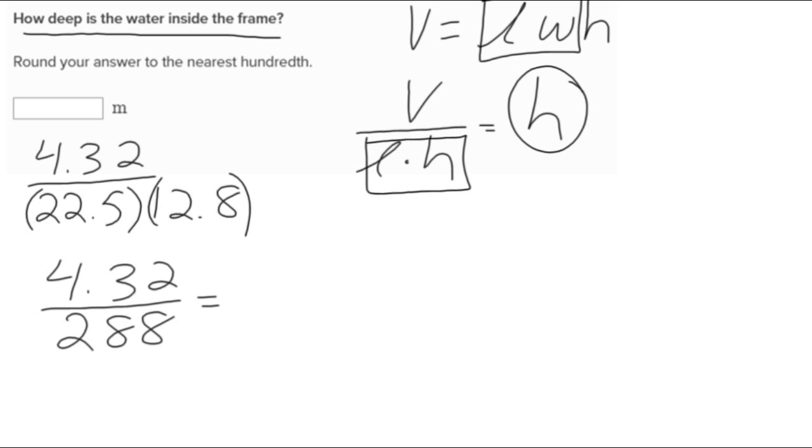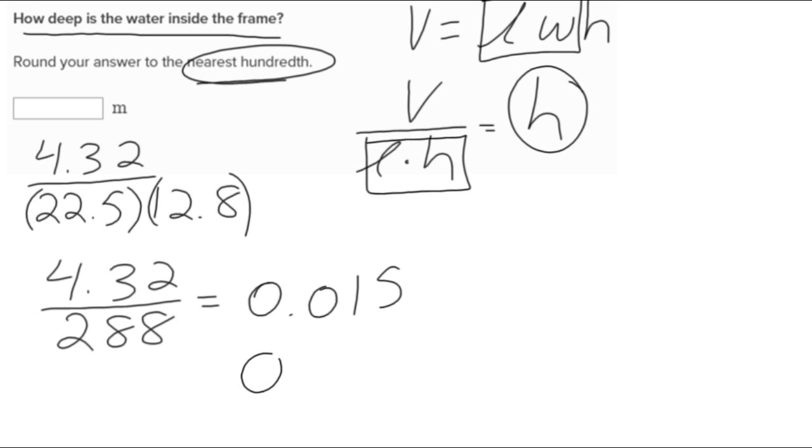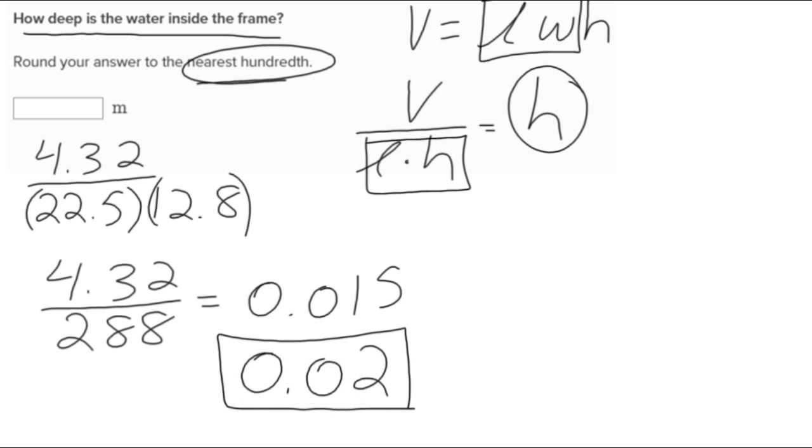That answer is equal to 0.015. It is asking you to round to the nearest hundredths, so your answer is 0.02. That is the answer to the question.